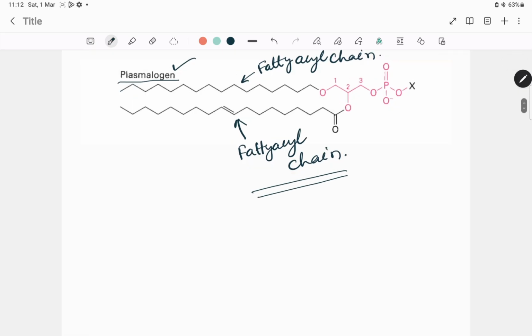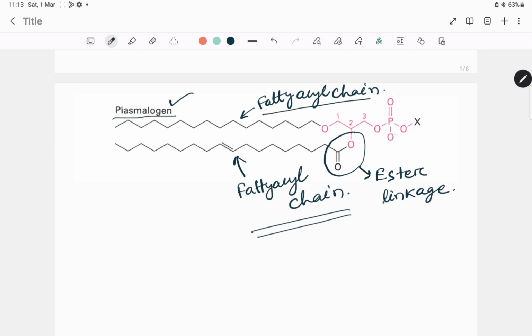Here this fatty acyl chain attaches to the glycerol by an ester linkage. This is the ester linkage. This fatty acyl chain in plasmalogen generally attaches to the glycerol by an ether linkage. This is the ether linkage.